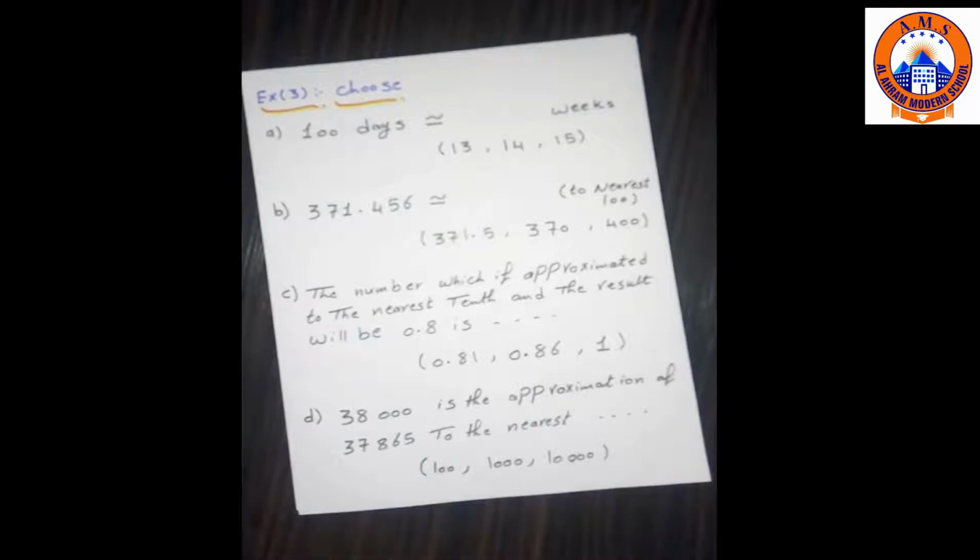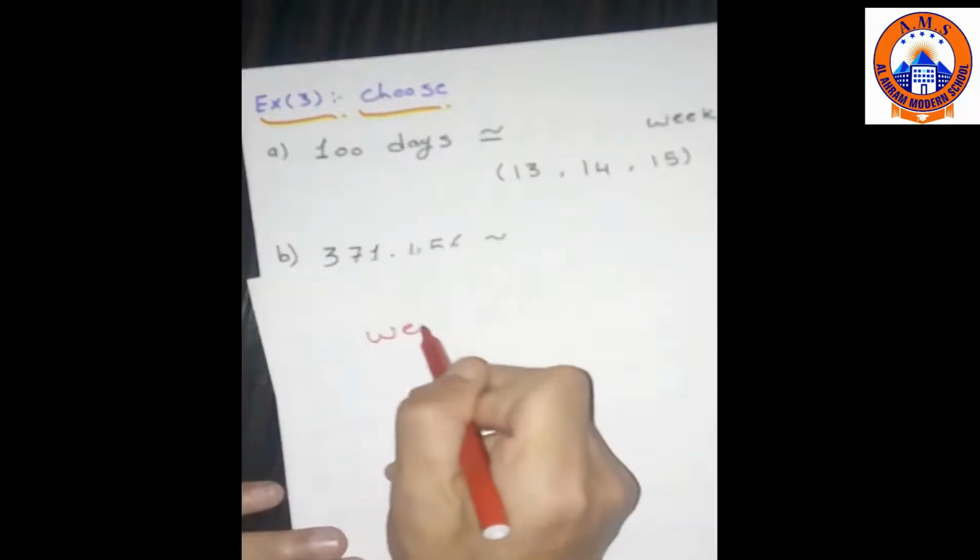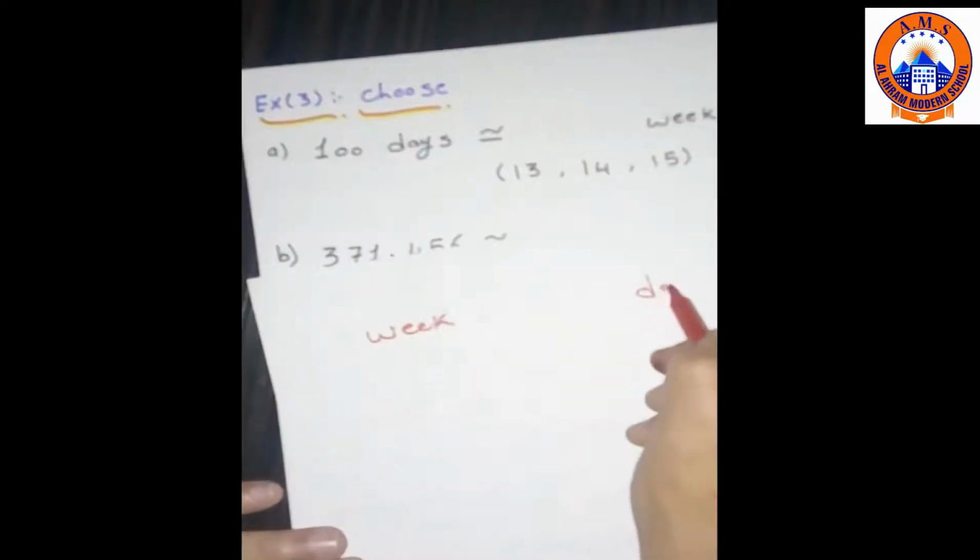Question number 3, choose. We want to choose the correct answer in the following. We have 100 days approximately equal how many weeks? Let's make it as we studied before, to change from weeks into days.